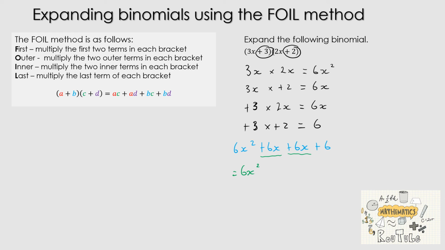We can't do anything with that, but then we can bring together the 6x and 6x. Well, if I had 6x's and I'm going to add 6 to them, I've now got 12x. And then I've got my constant at the end, which is 6, and I can't do anything else with that. I can't merge them or join them together or simplify anymore because I don't have any like terms left. So there's expanding binomials using the FOIL method.